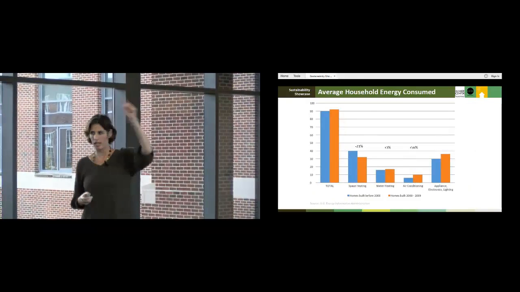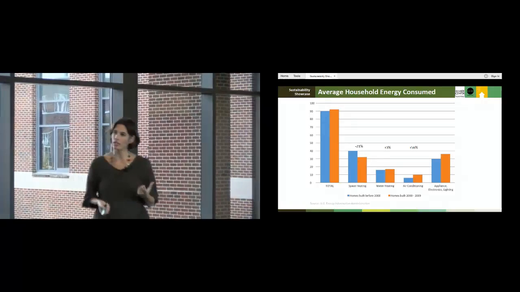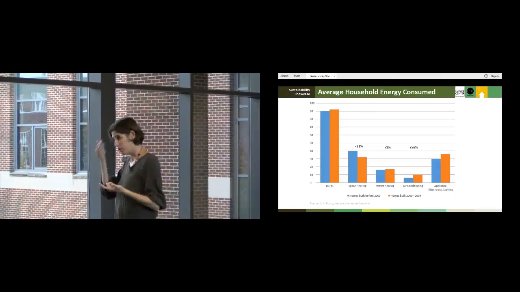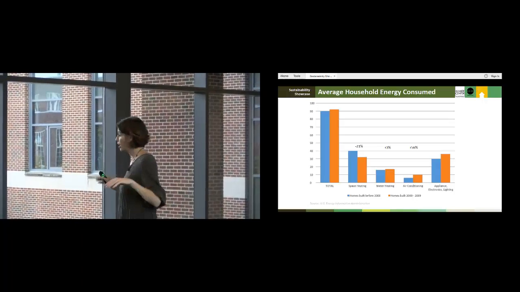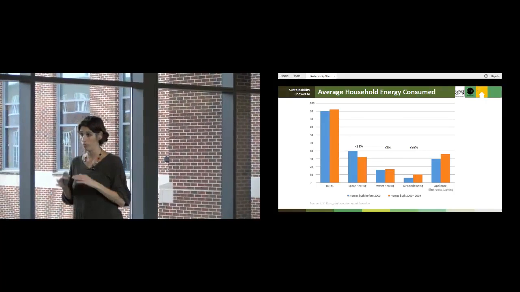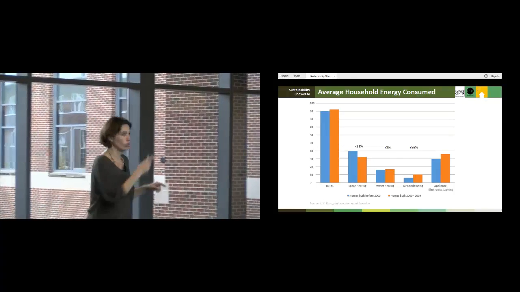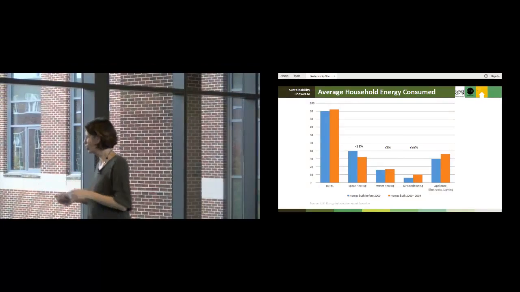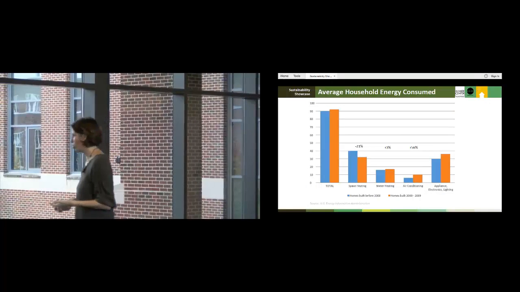So here's the reason for that hump and leveling. A lot of that had to do with the Department of Energy and the EPA getting involved with setting energy standards, especially for appliances, the Energy Star program, and mandating that program. So during that time of the hump was the time that people were starting to change over to more efficient energy equipment.